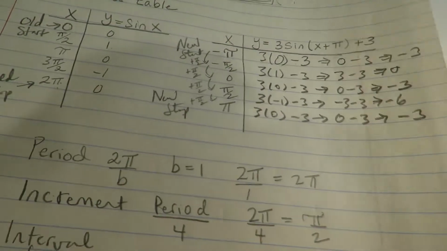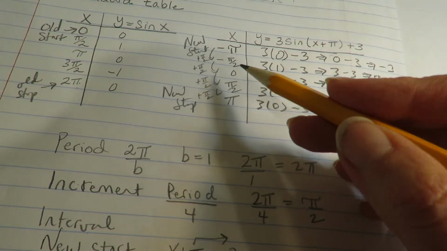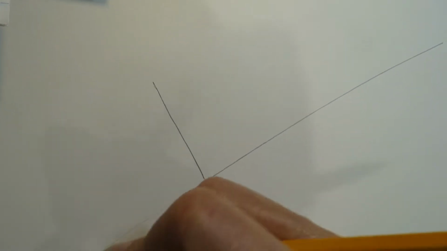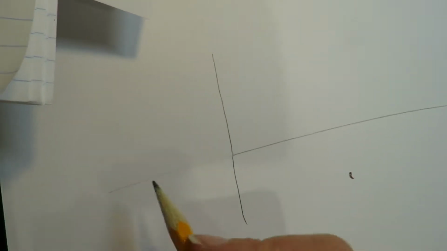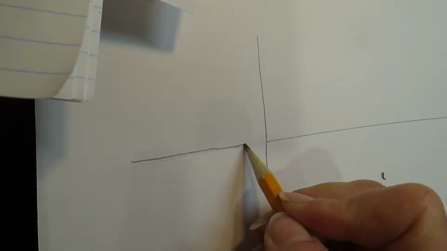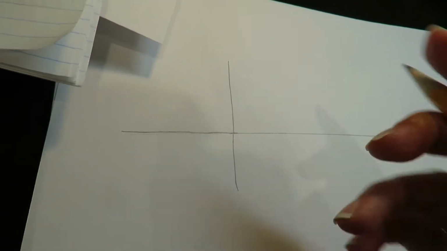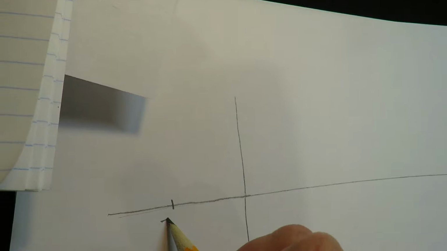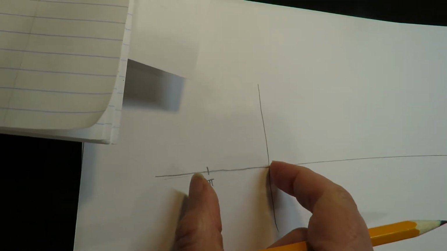All right, so I'm scaling in my head here. So I'm gonna start with negative pi. You guys just have to decide how you want to scale things. So I'm gonna call this distance here negative pi.